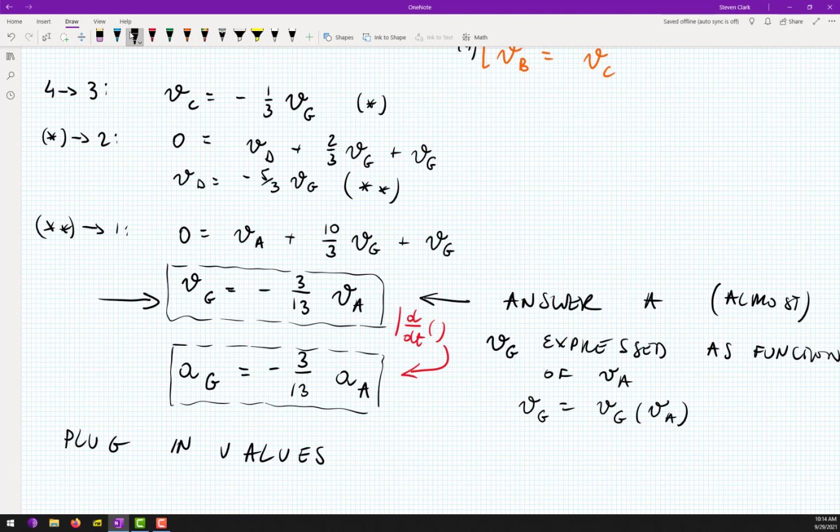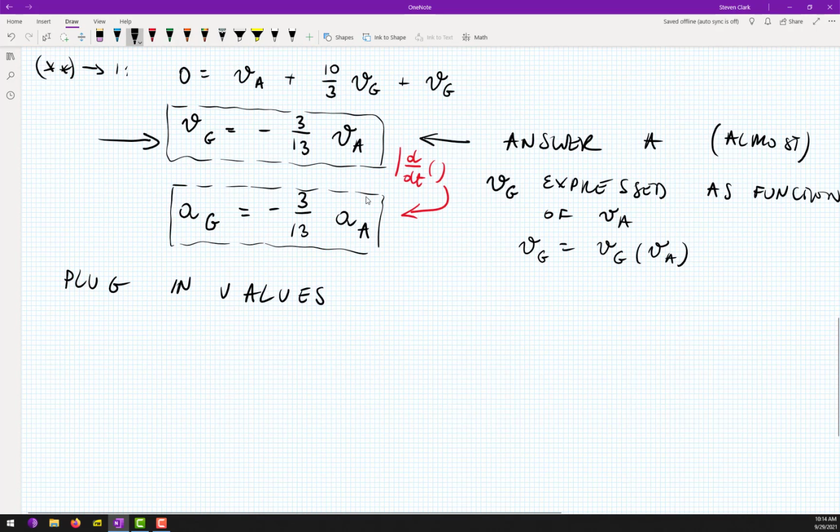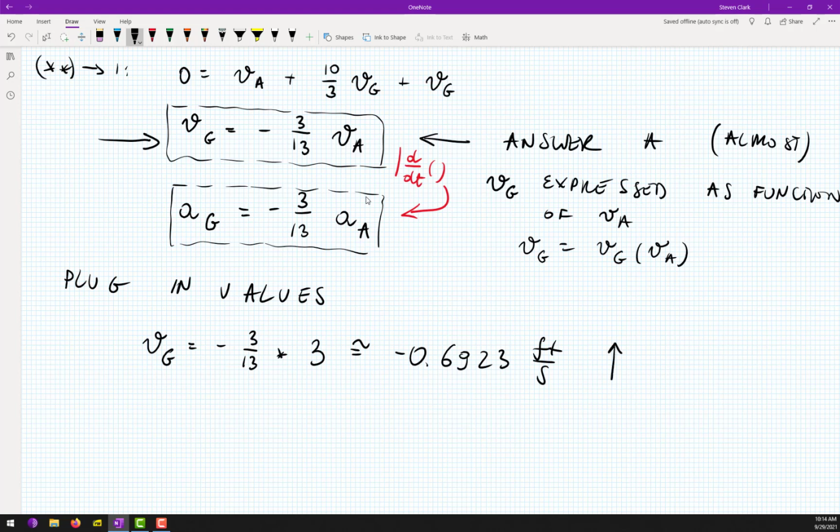Plug in values, and you can obtain that VG is equal to minus 313 times 3. So this is approximately minus 0.6923 feet per second, and it goes up, okay?